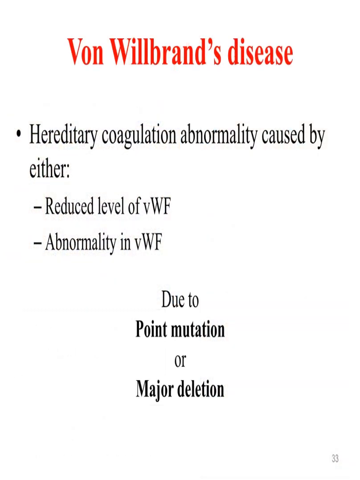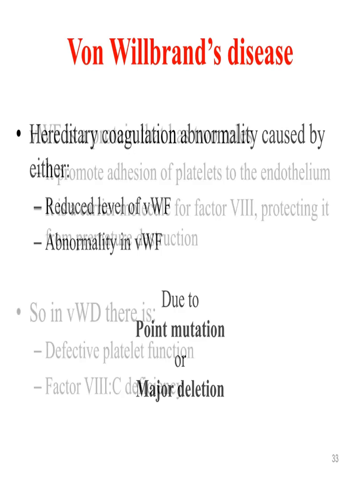Now, von Willebrand disease, the important thing that I need to emphasize is that von Willebrand disease is the commonest congenital bleeding disorder in the world, and this is the result basically of decreased level of von Willebrand factor, and this is the result of a point mutation, where a single amino acid substitution in the genes of the patient takes place, or there are major deletions of the sequences of the chromosomes.